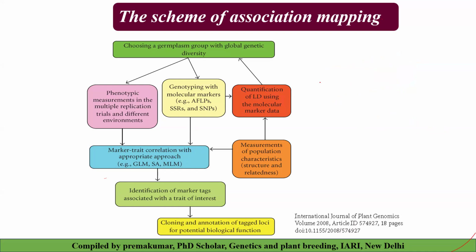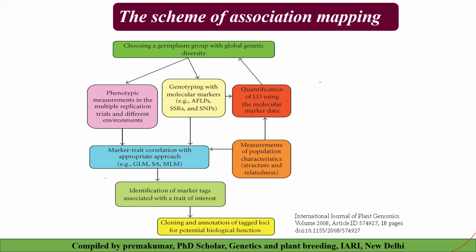In association mapping, there is a higher chance that we can get a QTL of very small distance, so more resolution. Not like in QTL mapping where you get a larger area as a QTL. Here you can get definite areas as a QTL, but the power of identifying such a QTL may be low.